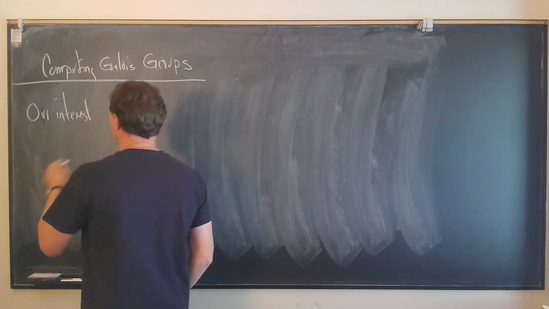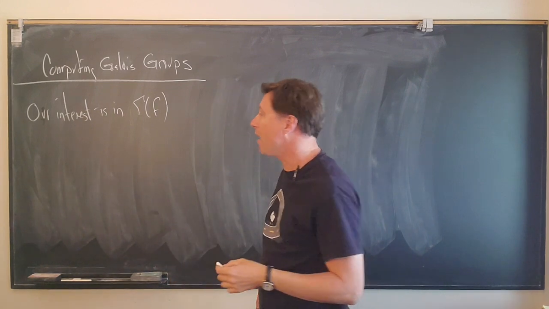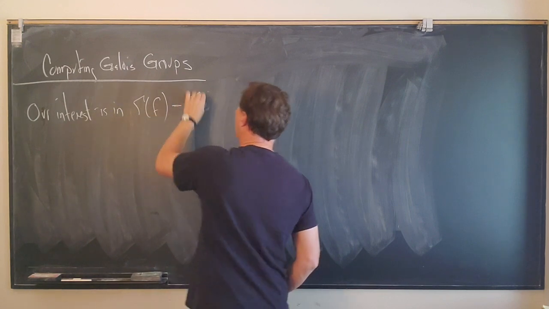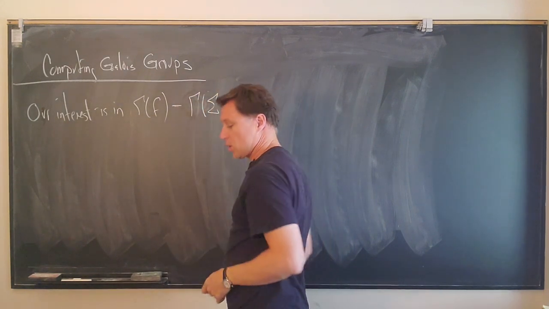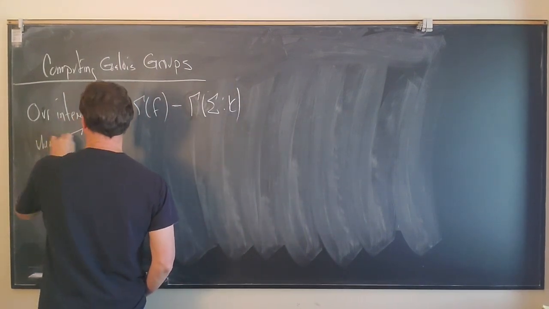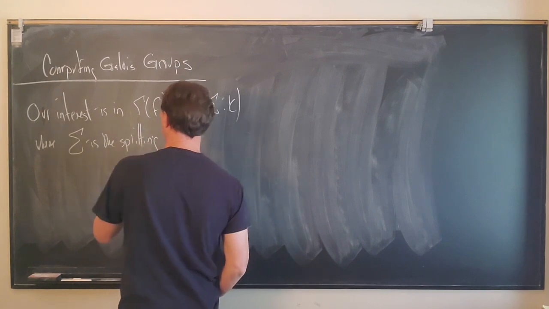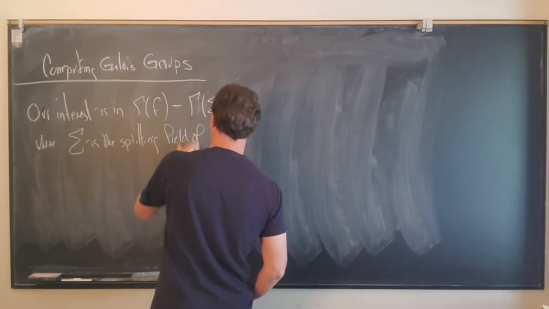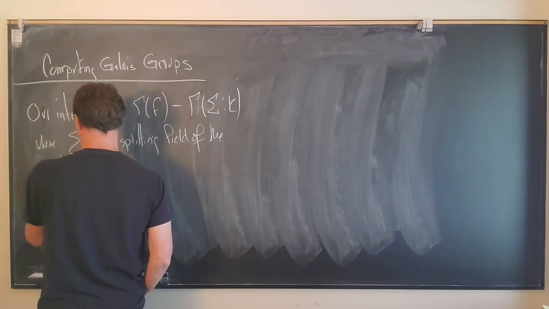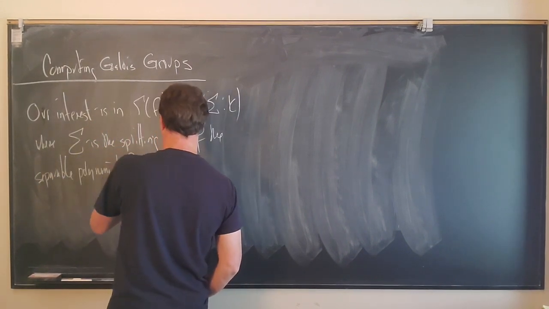And so our interest is in the Galois group of f, which is going to be the Galois group, so gamma of sigma over k, where sigma is the splitting field of the separable polynomial f in k bracket x.